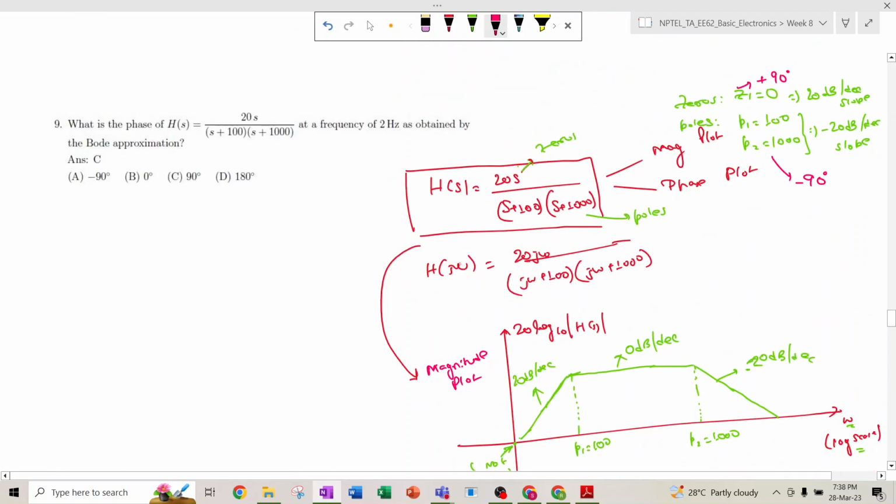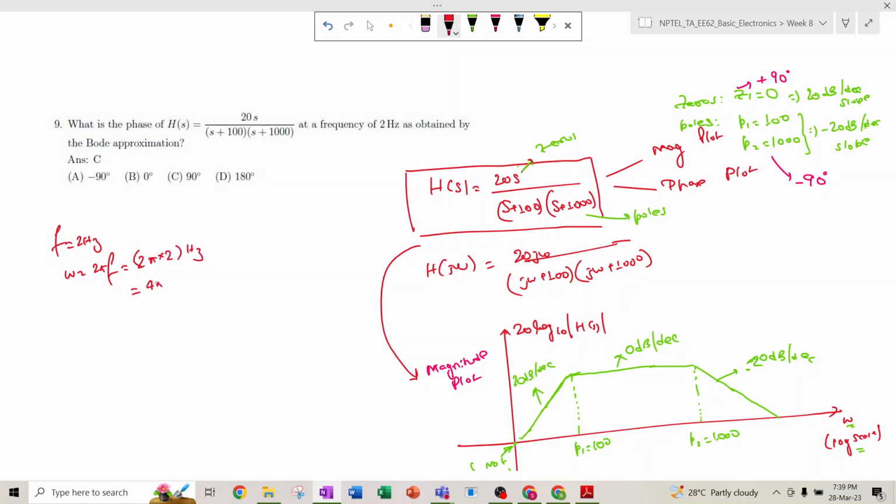Now, in the given question, what is the phase of H(s) at a frequency of 2 Hz obtained by Bode approximation? The frequency is 2 Hz, so omega is 2 pi f, that is 2 pi into 2, which is 4 pi, that is 12.56.